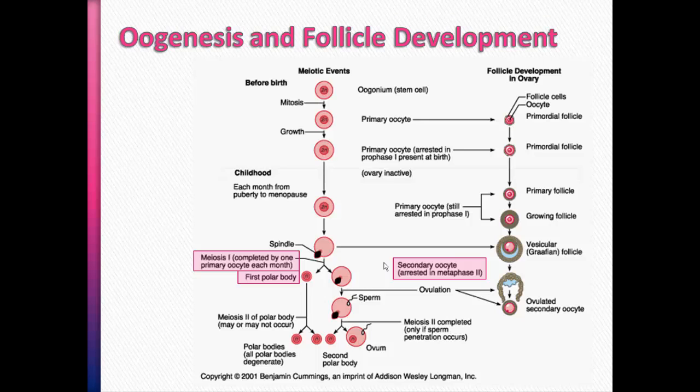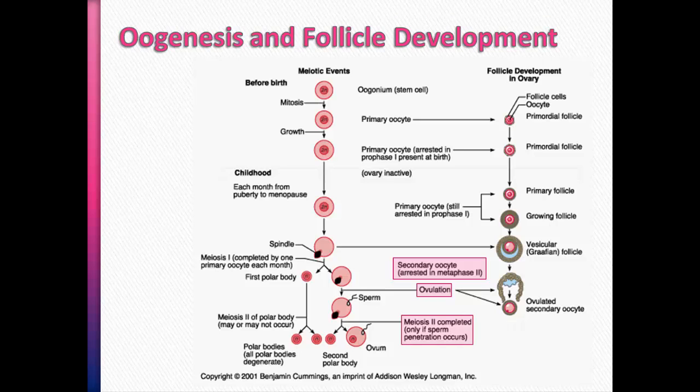But when it goes through meiosis 2, it gets arrested in metaphase 2. It's not going to complete meiosis 2 unless a sperm fertilizes it. So at the time of ovulation, when this mature follicle ruptures and releases the secondary oocyte into the fallopian tube, that secondary oocyte is in the middle of meiosis 2.